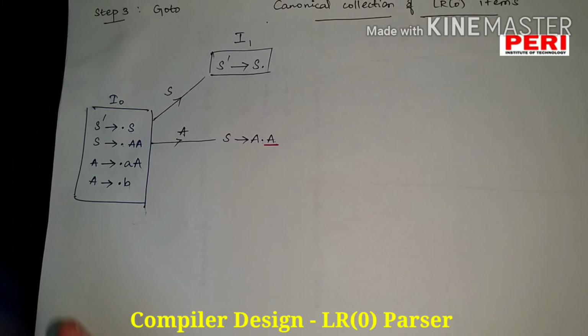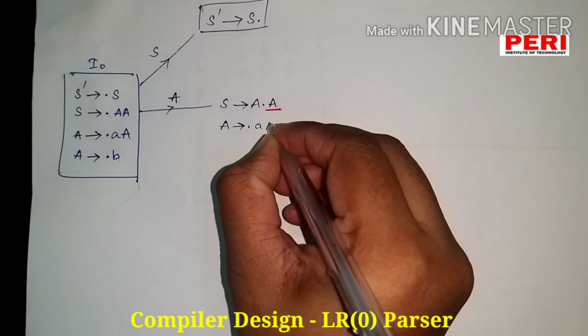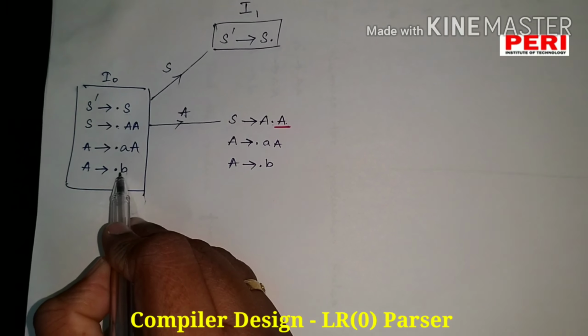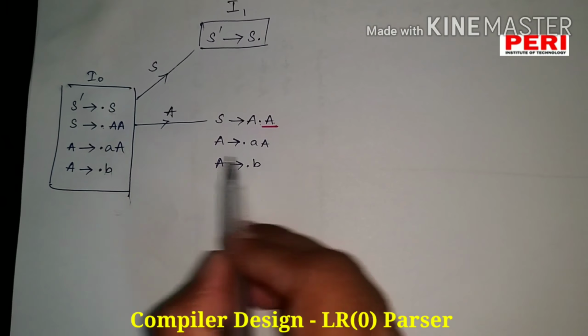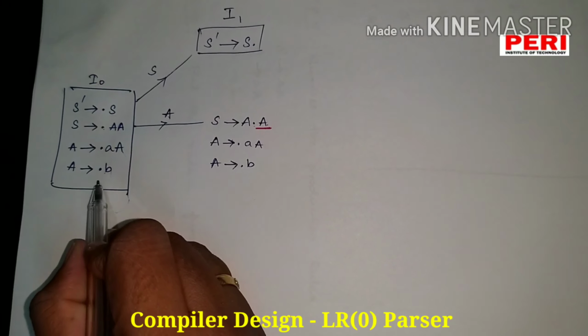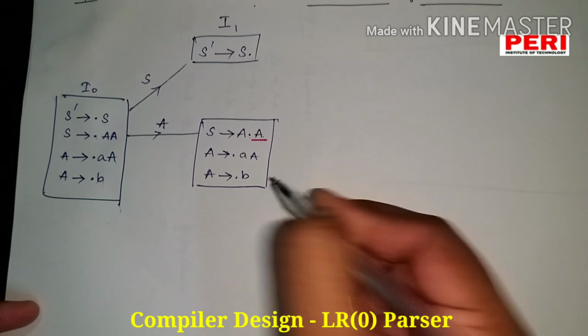The non-terminal's productions are A tends to dot aA, A tends to dot b. These two are the productions given in the question. We have just added a closure here. Since the dot is followed by capital A, which is a non-terminal, I am adding the productions of A. So now this becomes the next state.